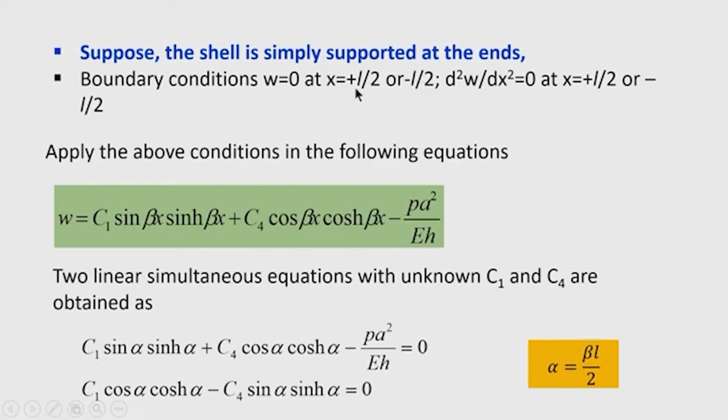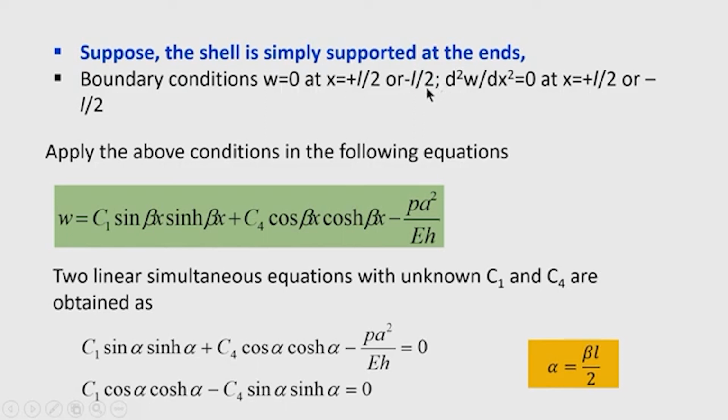Say x is measured positive towards the right from the origin. Then the right hand support of the shell is located at x is equal to plus L by 2, whereas the left hand support of the shell is located at the coordinate x equal to minus L by 2, and W is 0.